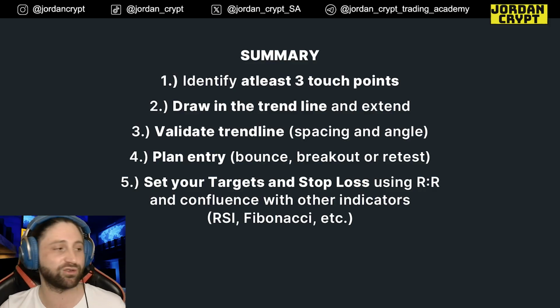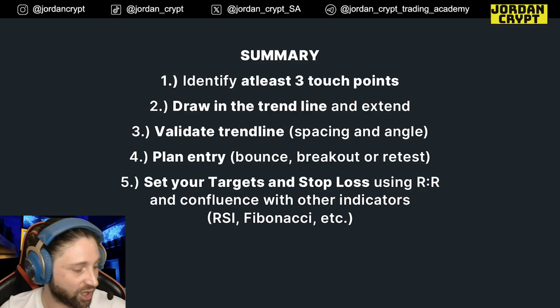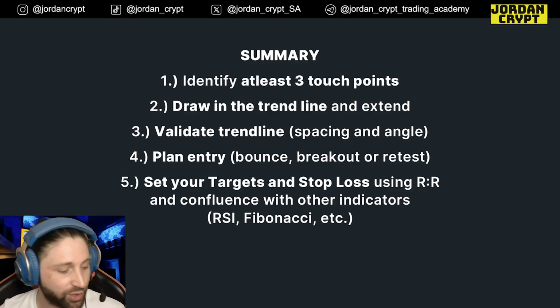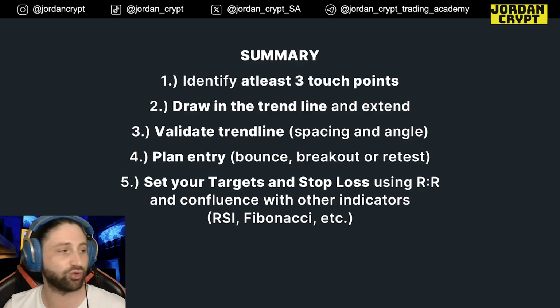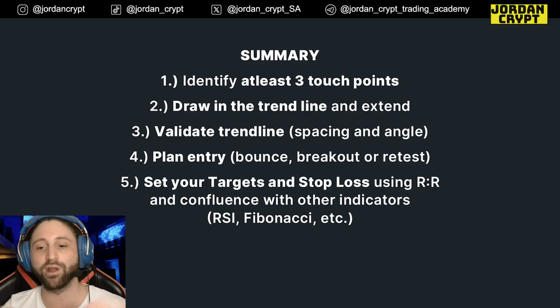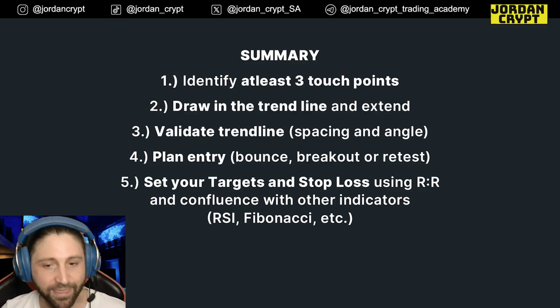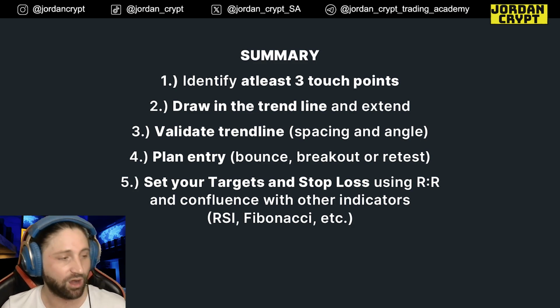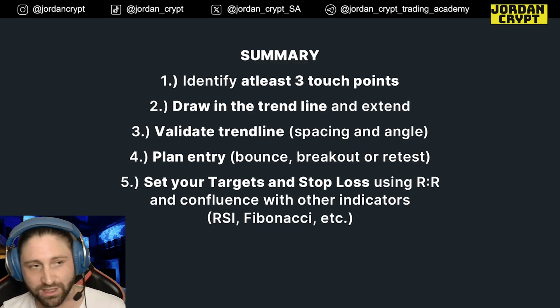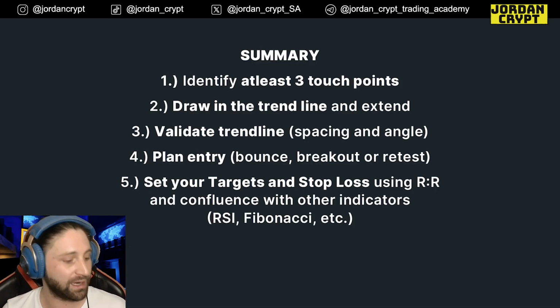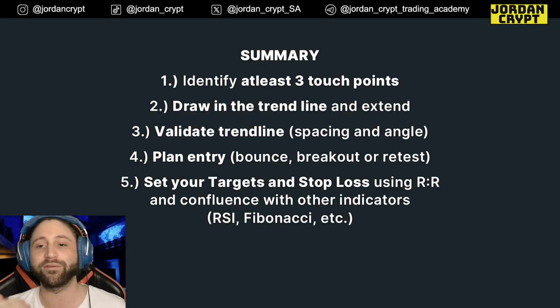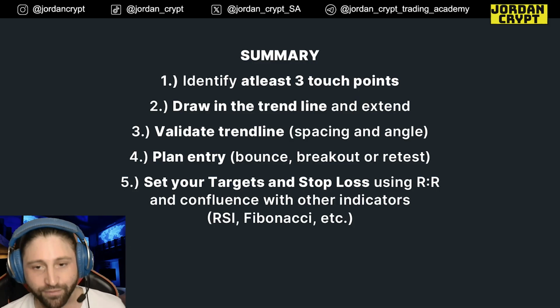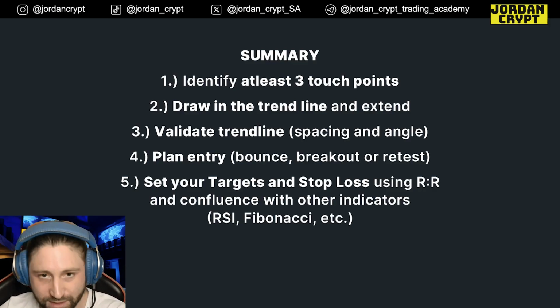Number 5, set your stop loss, set your target using your risk to reward ratio, and make sure your stop loss is below the trend line, below the previous swing, and then use your confluence of your other indicators like your RSI. You can even use more advanced indicators like your MACD or your money flow, and then make sure you use your Fibonacci levels for your take profits.